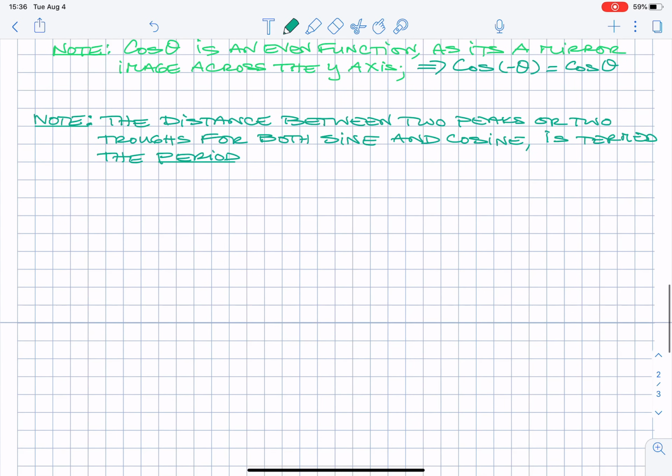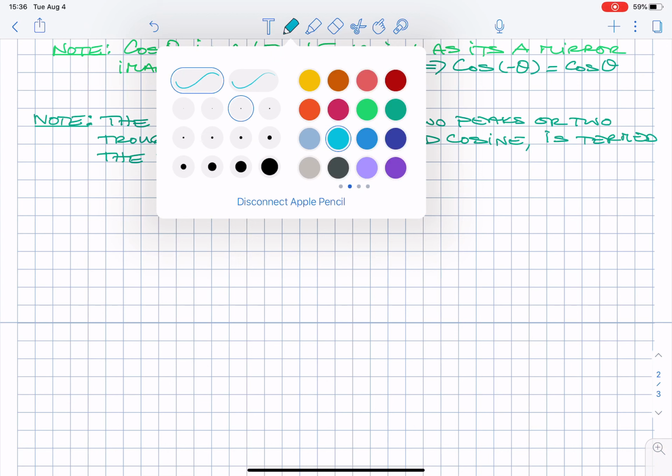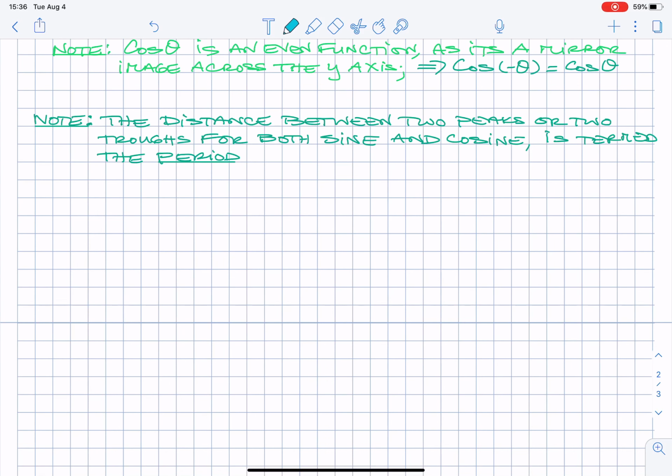So let's formally define the period. Definition: a function f of theta is periodic.